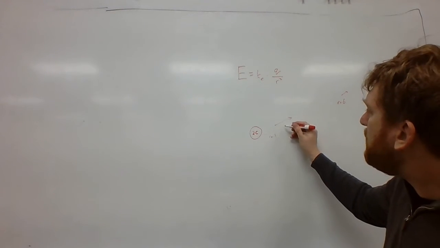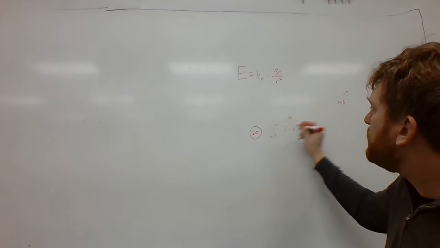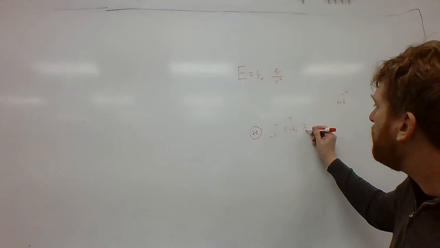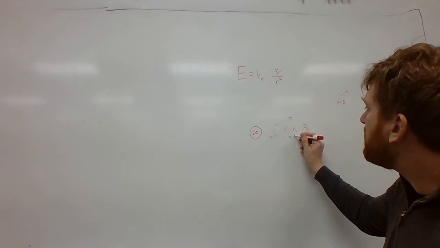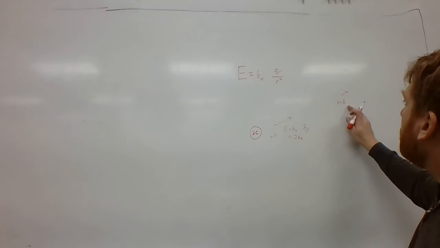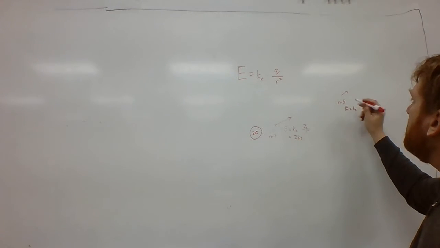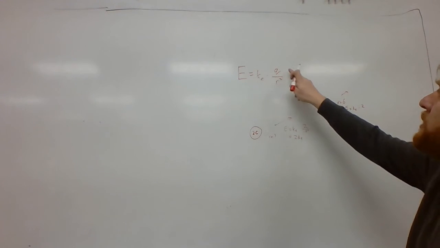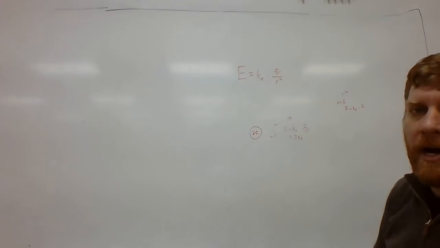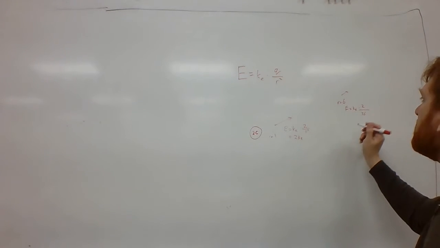So the value of the electric field here is going to be K sub E times 2 over R squared. That's just going to be 2 K sub E. The strength of my electric field here is going to be K sub E times 2 again. My source charge is still the same charge, 2 coulombs, over the distance squared, 36.